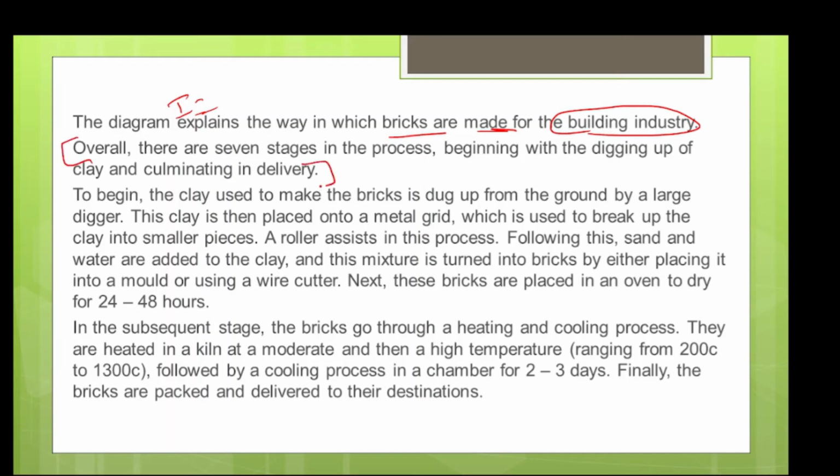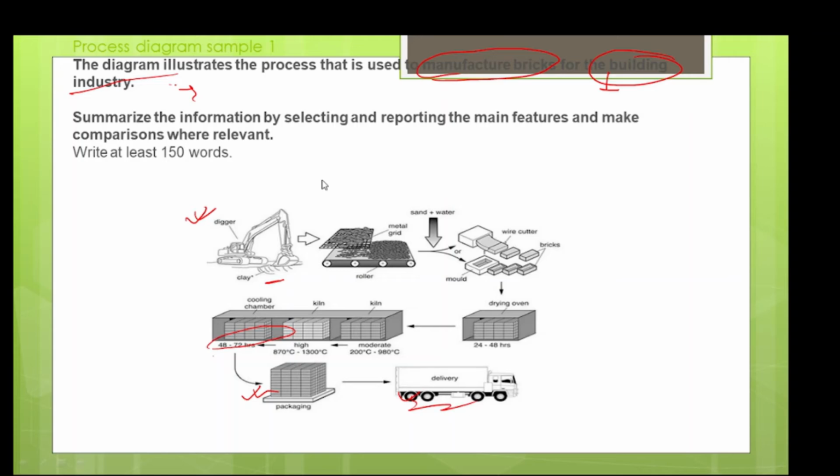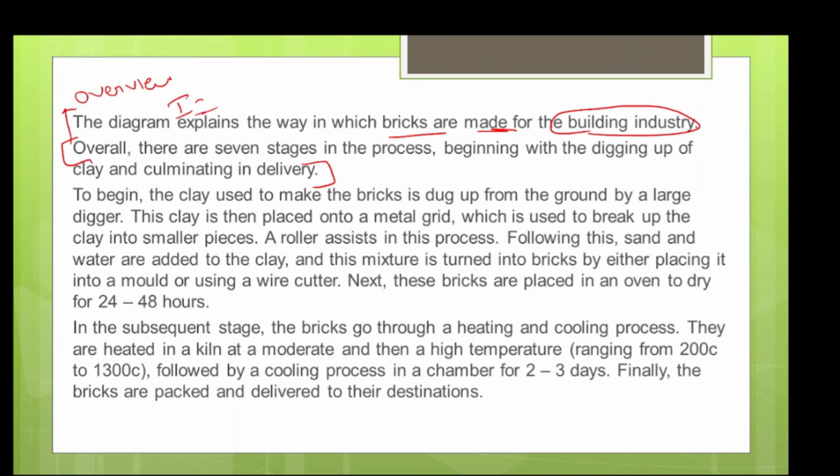Then we are going to write an overview. In a process diagram overview, always mention how many steps there are, and what is the initial and the last step. So here if you see, overall there are 7 stages. So always mention how many stages are involved. Then say what is the beginning process, so beginning with the digging up of the clay and culminating in the last step.